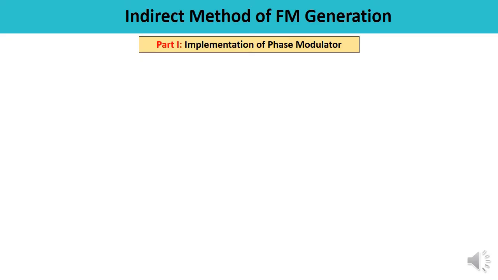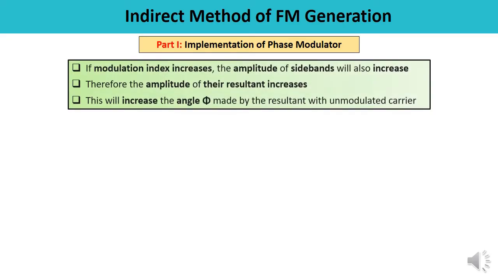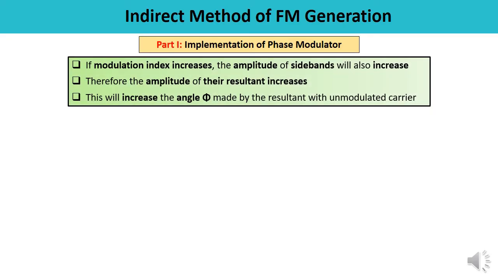Now moving ahead, depending upon the angle phi, how the variation takes place. See, if the modulation index increases, the amplitude of the sidebands will also increase. It means the amplitude of the resultant will also increase. When the amplitude of the sidebands is increasing, the amplitude of the resultant will increase, and this will increase the angle phi, which is made by the resultant with the unmodulated carrier.